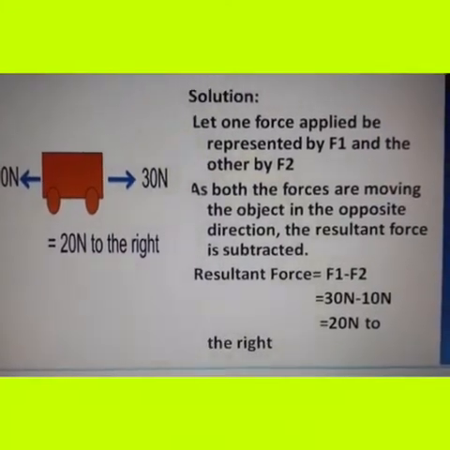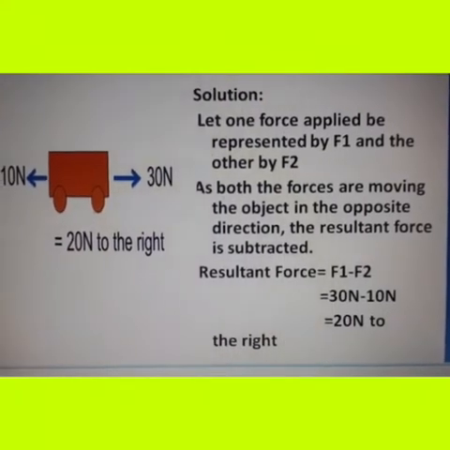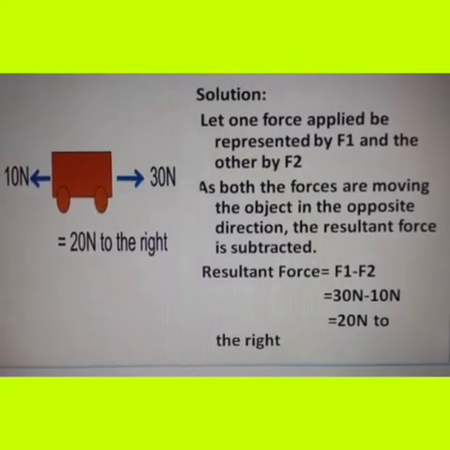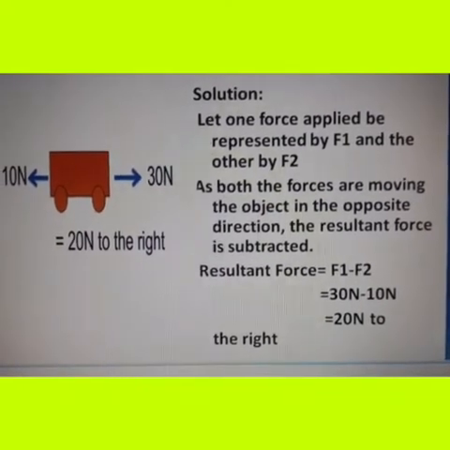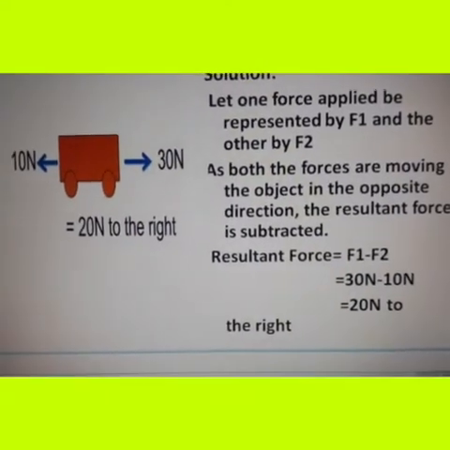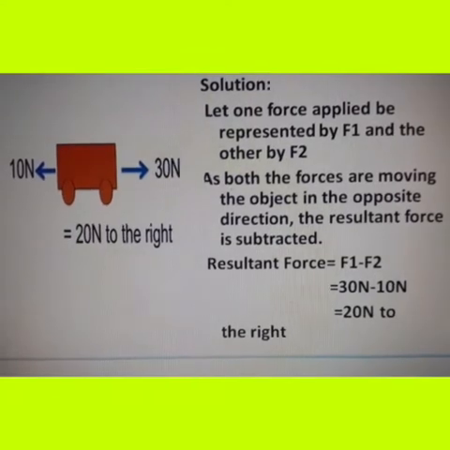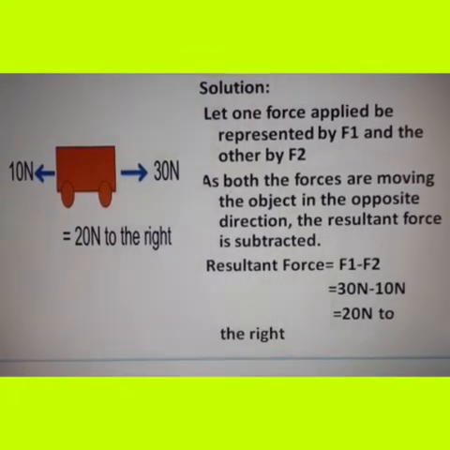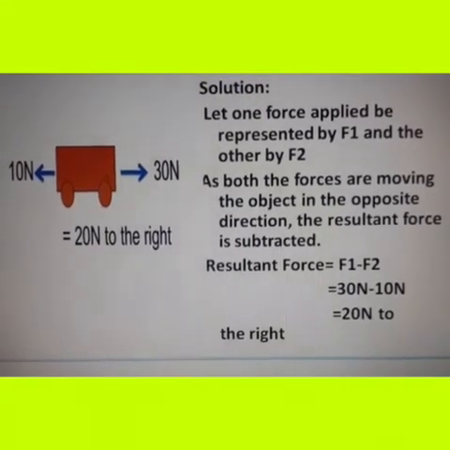Observe the figure and calculate the resultant force. Now again in this figure you will see that the forces applied on the vehicle are in opposite directions. One force has a magnitude of 10 newtons and the other has a magnitude of 30 newtons. So let F1 be 30 newtons and F2 be 10 newtons.